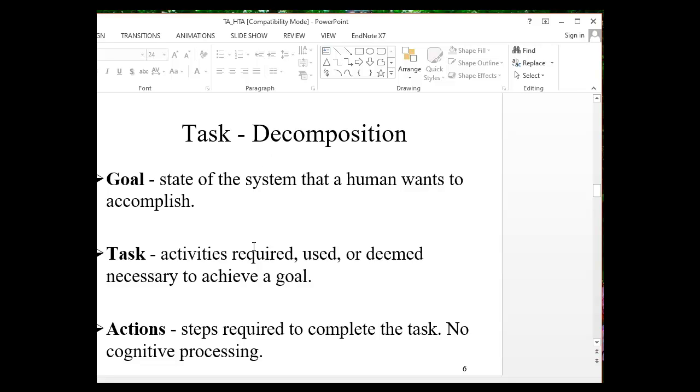So this is all about task decomposition. Task decomposition contains three main points, three main levels to complete a task: goal, task, and action. A question can be asked, such as explain decomposition, write a note on decomposition, or what are the main points or levels of task decomposition.